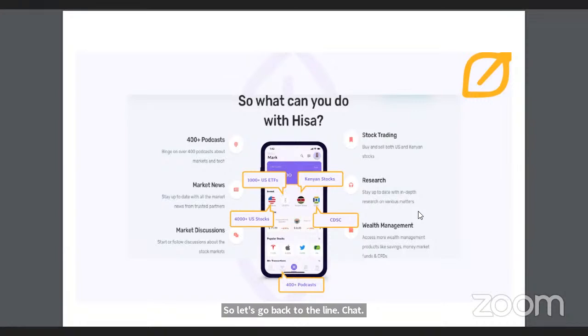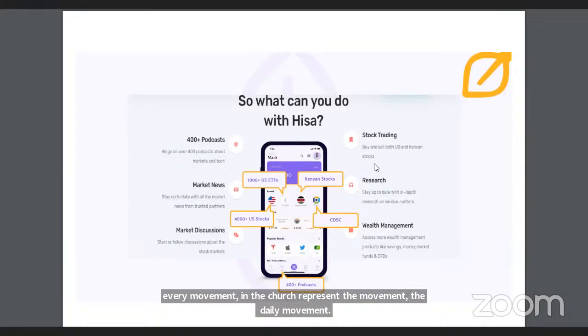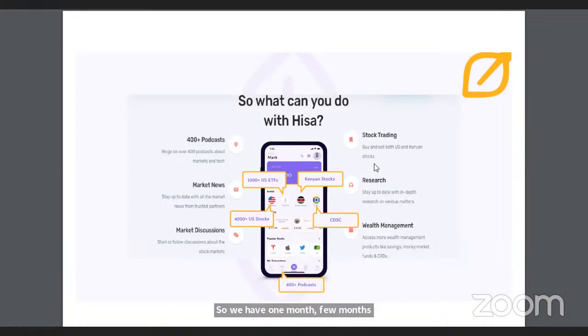Okay, let me explain what the 1D, 1M, 3M, 1Y, 5Y means. So 1D stands for 1 day, so every movement in the chart represents the daily movement. Then we have 1 month, 3 months, 1 year, 5 years, and all represents the movement of that stock since its IPO.